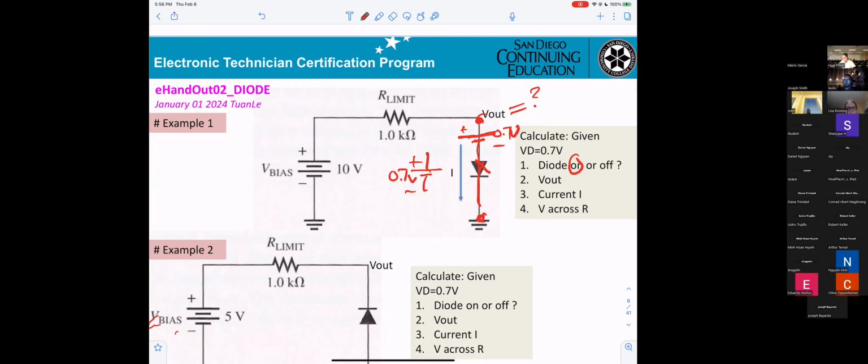I'm asking you V out. That means the high side of the meter connects to here, the low side connects to here. What do you think you get for the voltage? 0.7, exactly. So V out equals 0.7 volt.